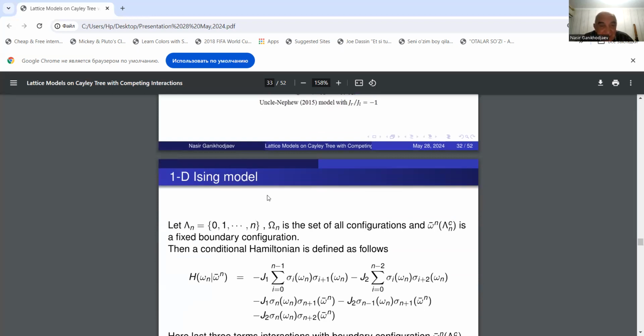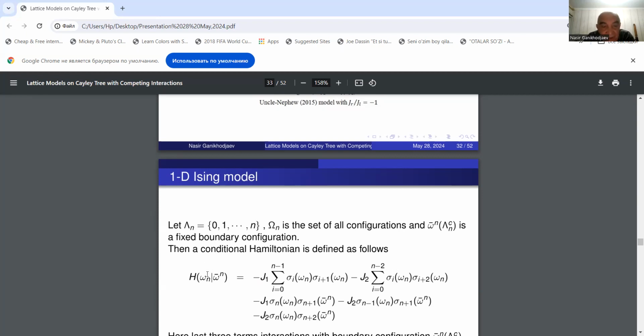So here I will show how in the general case we can produce the recurrent equations. Lambda n is a fixed subset, sigma n is the set of all configurations, and this one is a fixed boundary configuration for the complement of lambda n. By fixing some configuration, this is called the boundary configuration.